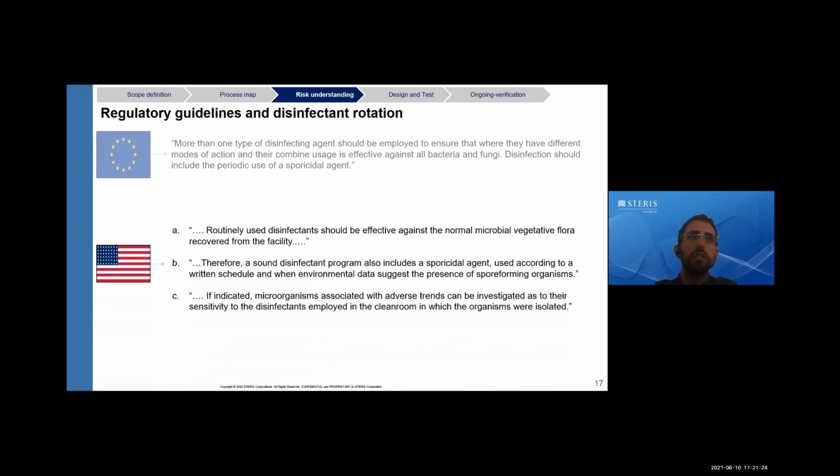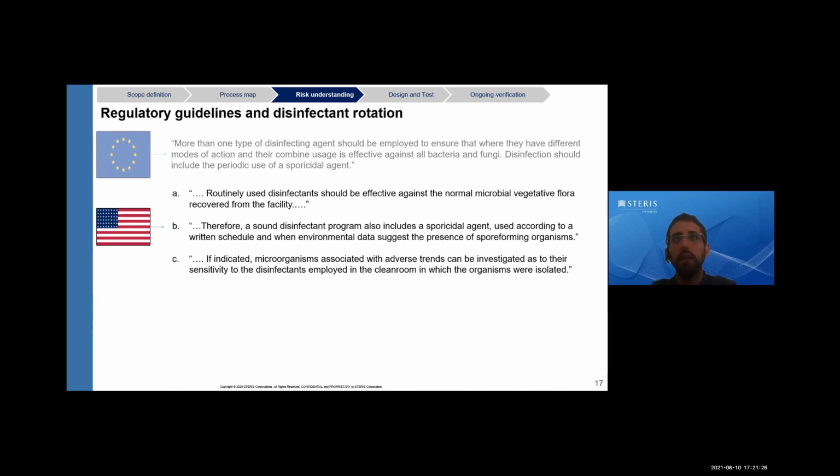When we look at the US FDA aseptic guideline, it suggests the use of a routine disinfectant, capable of killing gram-positive microorganisms, the vegetative flora, with a rotation with a sporicidal agent.